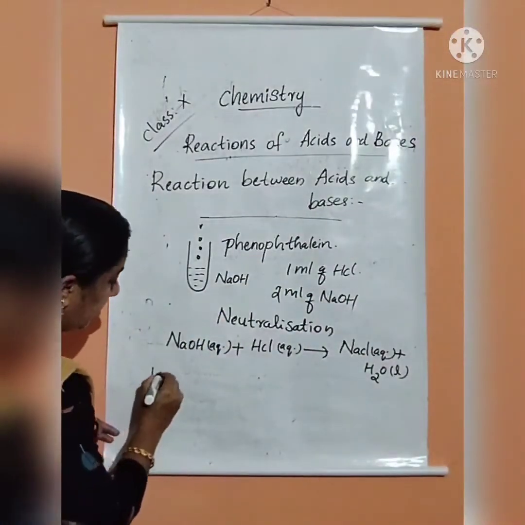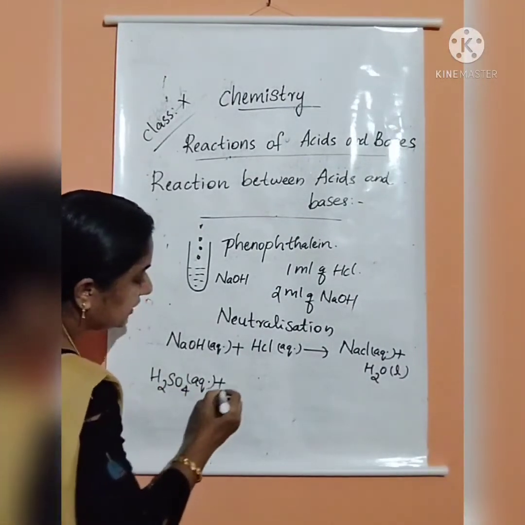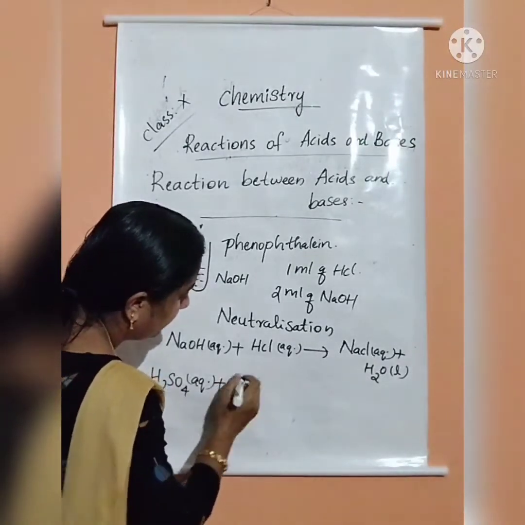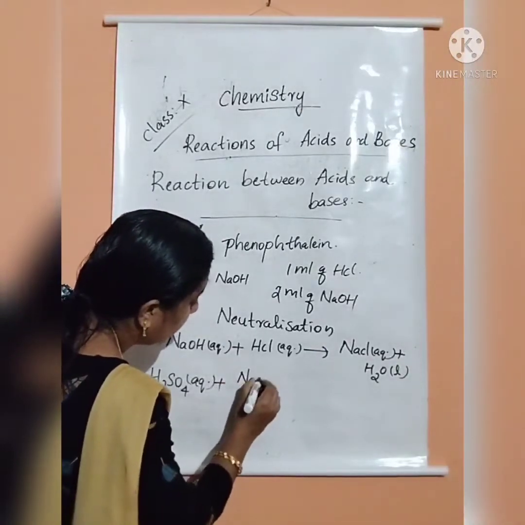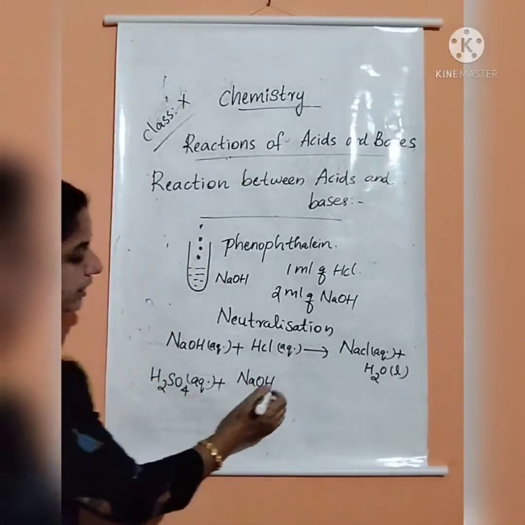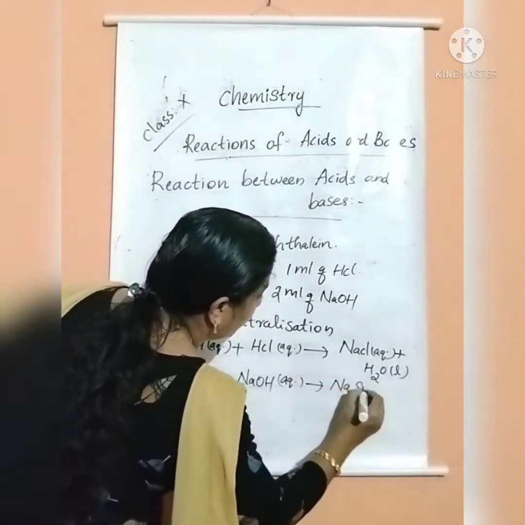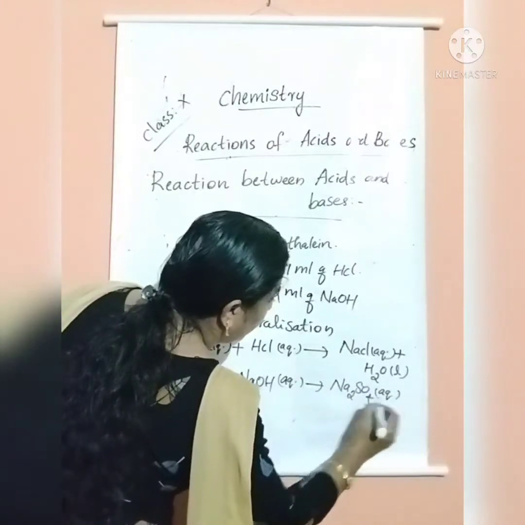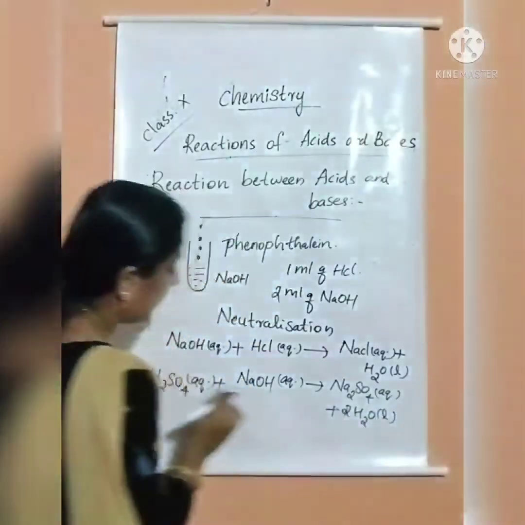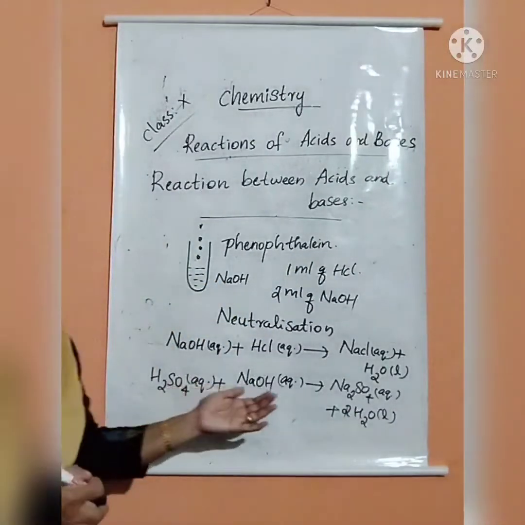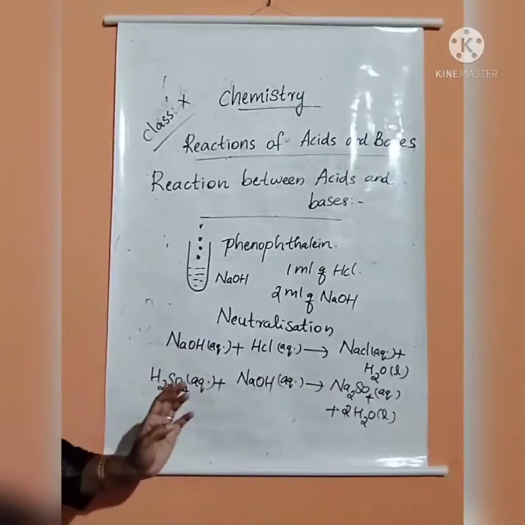Then another example, H2SO4, in aqueous form, an acid that reacts with NaOH, a base. We can see that Na2SO4 plus 2H2O is formed. When sulfuric acid reacts with the base, it forms Na2SO4 and H2O.